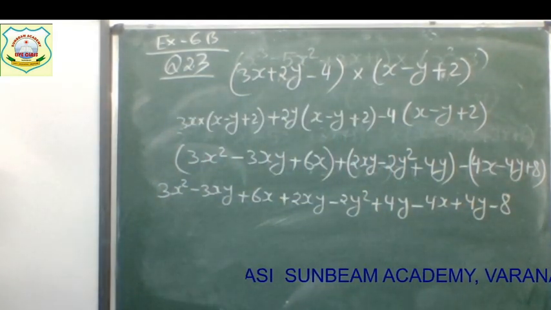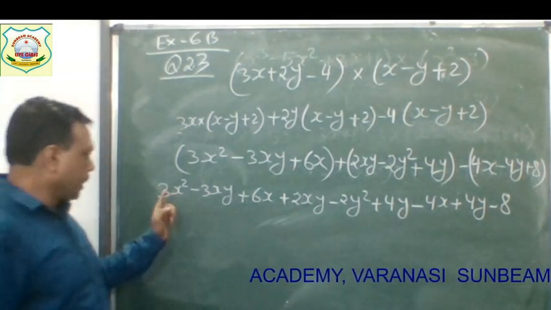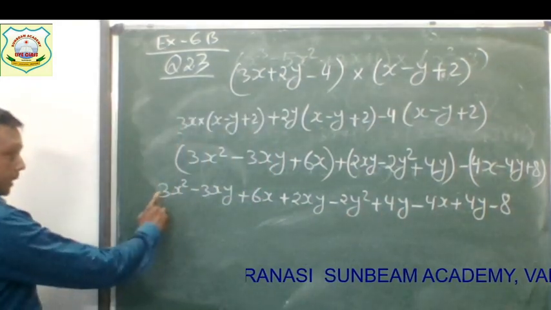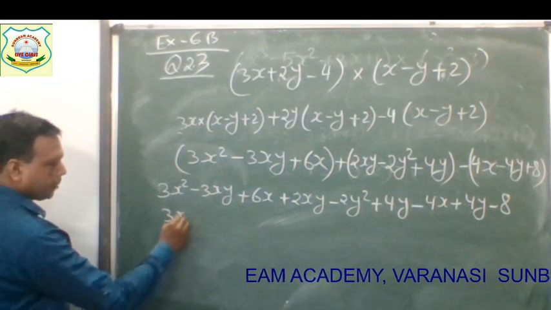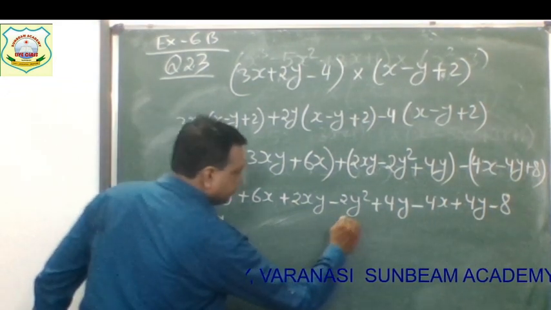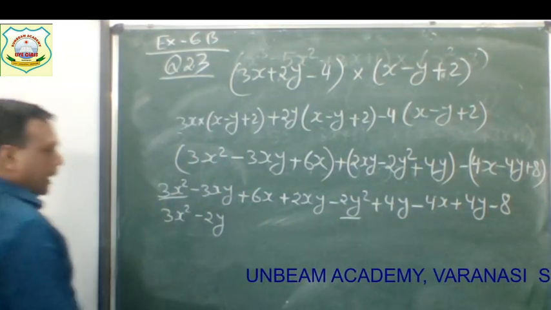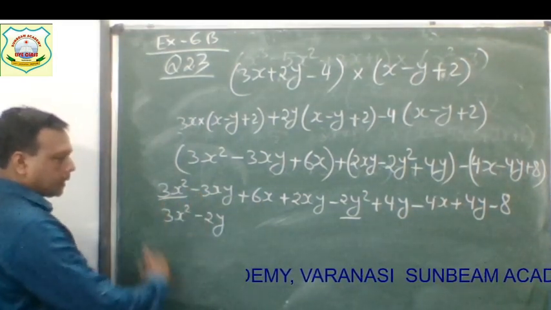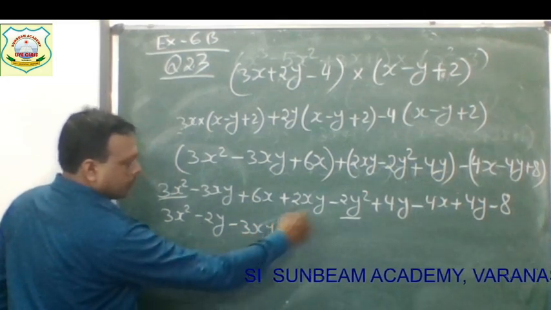Students, now we will find which terms are like terms, x square and y square. But here no other like terms are here. So 3x square minus 2y square. Now we have written this one. No one is the square term. Now x, we can use also minus 3xy, minus 3xy any other place, plus 2xy.